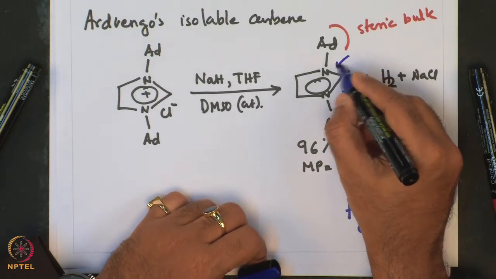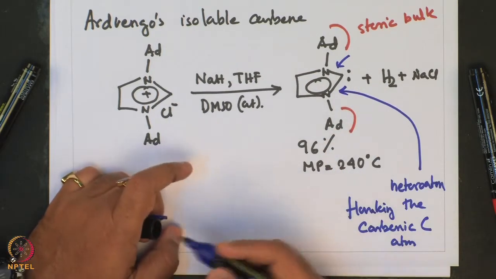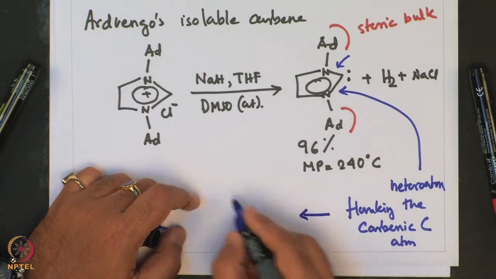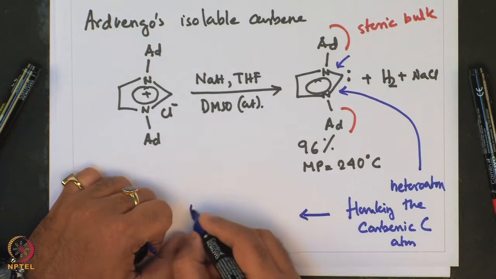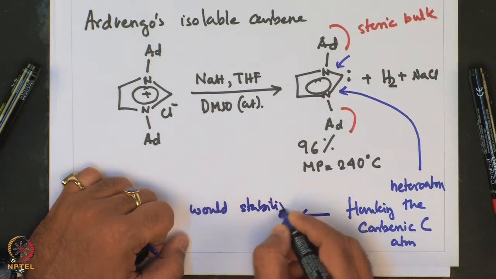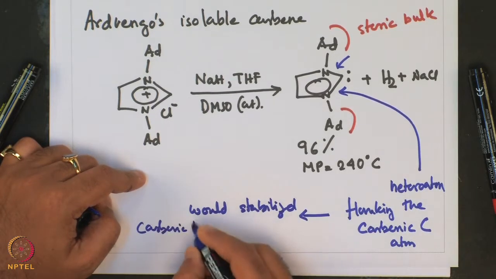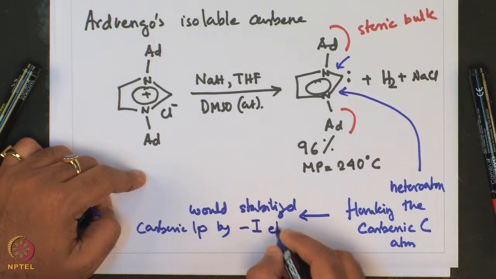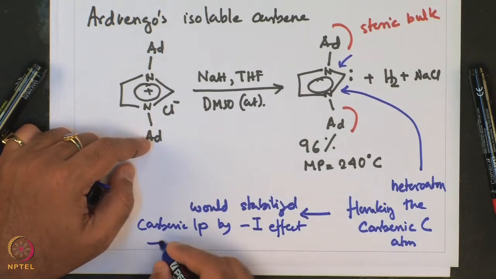So, there are two heteroatoms flanking the carbenic carbon, and that would stabilize the carbenic center by its minus I effect, would stabilize the carbenic lone pair by the minus I effect, and hence decrease its reactivity.